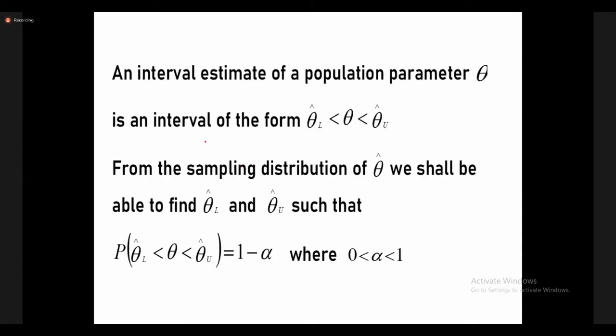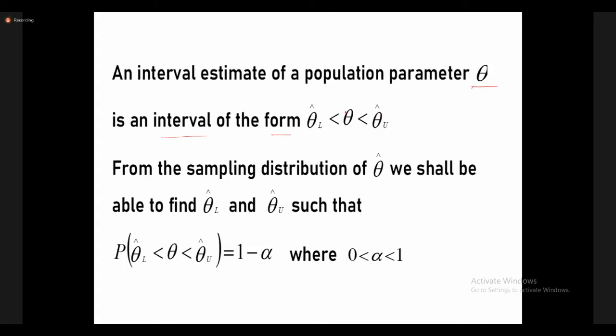All of you see that one. An interval estimate of a population parameter theta is an interval of the form theta L cap less than theta less than theta U cap.